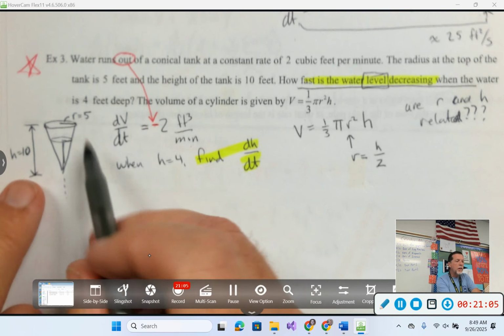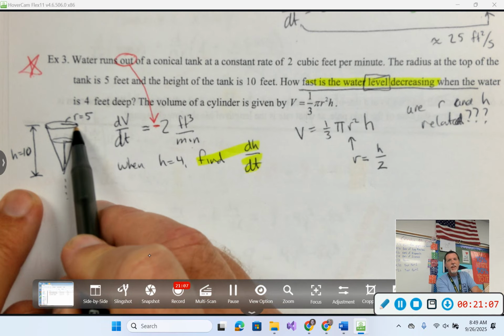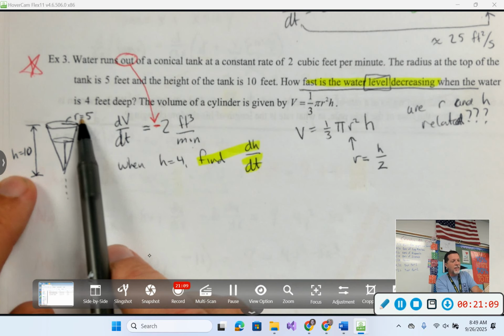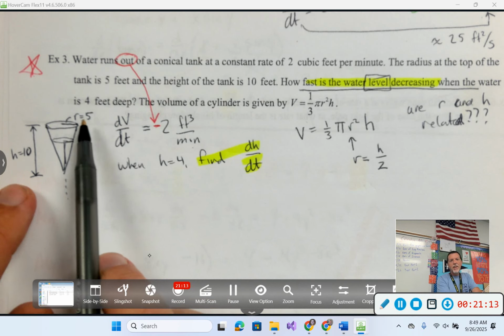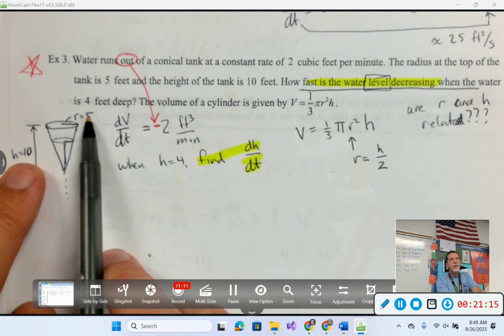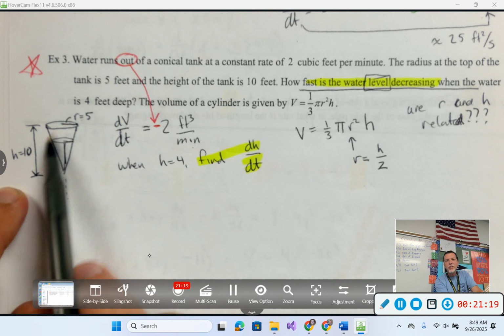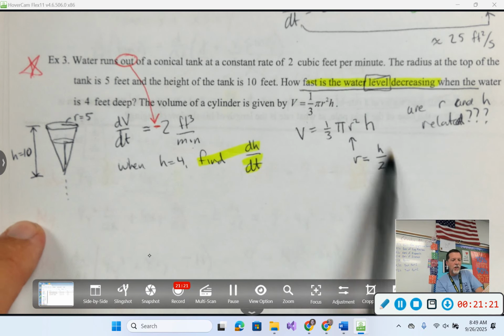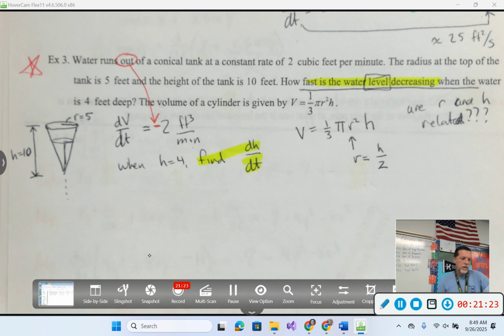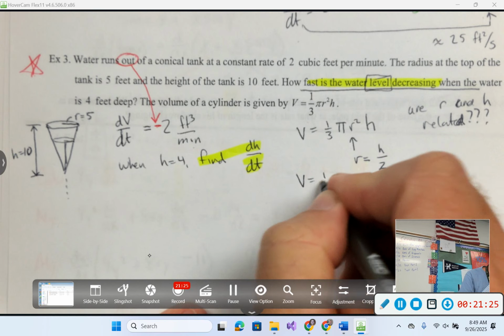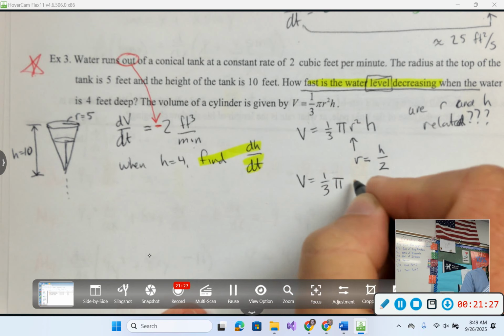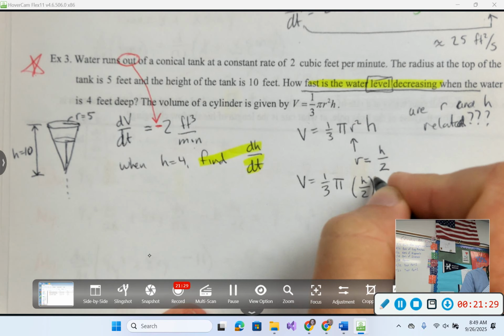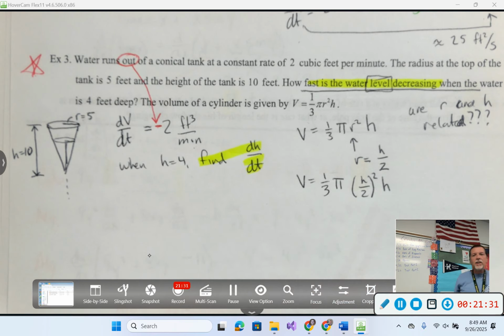It's going to depend on this initial setup. If this had been 10 and 10, then you could just say R equals H. That'd be nice. But if it was like 3 and 12, then it would be 1/4 H. So you use those initial dimensions to figure out this R and H ratio. I know that's a pain, but it's going to make life so much easier.